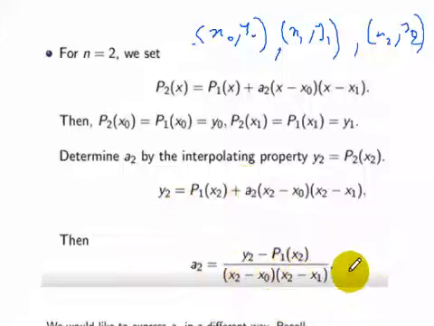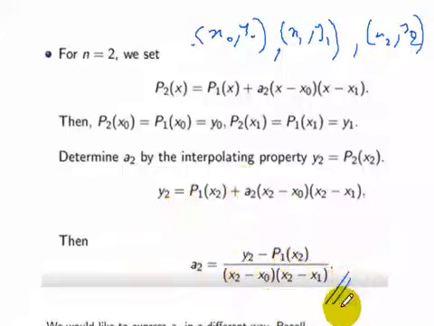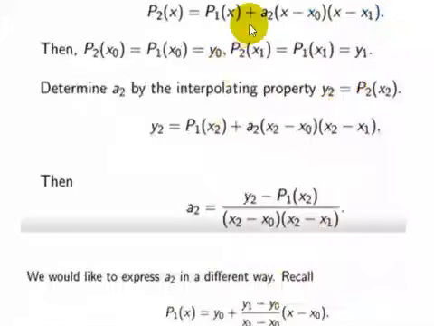So you can do this calculation, right? You can see that here you get this constant a2, right? You can check this work, right? I think you can understand why we added this additional term.